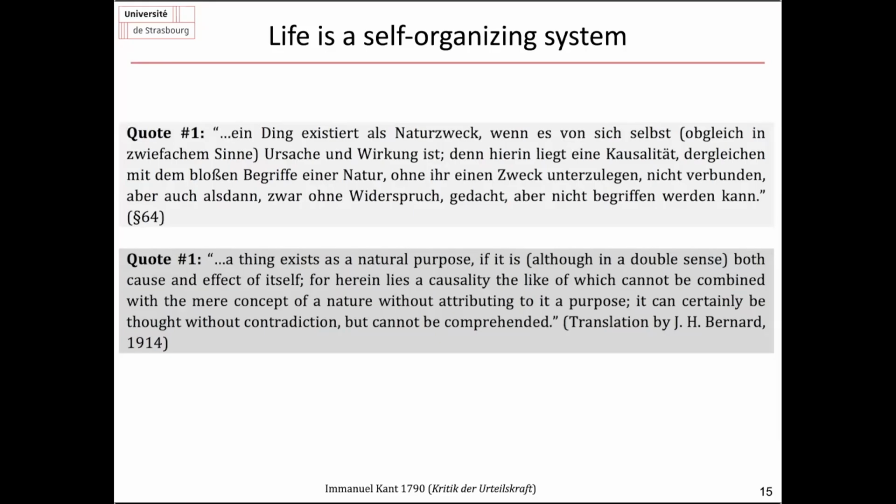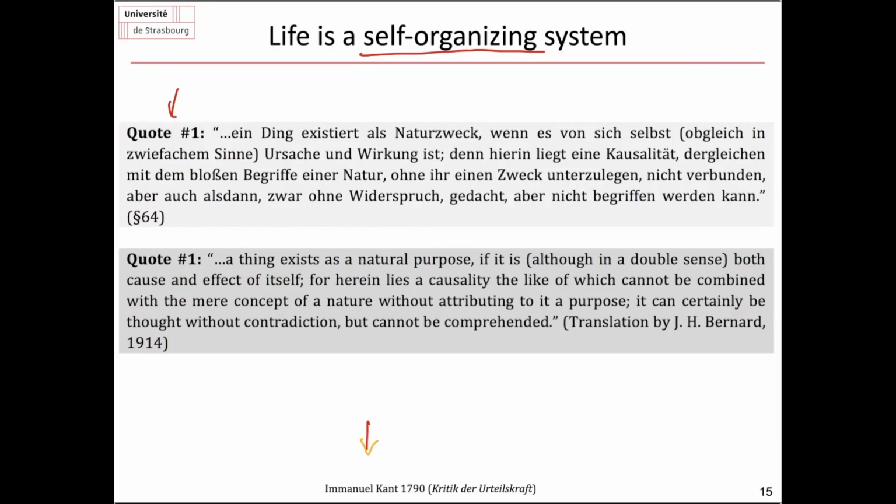Okay, so back to self-organization. The first person to use the word self-organization is Immanuel Kant, the very famous philosopher. This is the original German. I'm not very good at German, so here you can see the English translation. Something I would like to point out is he says a thing exists as a natural purpose if it is both cause and effect of itself.